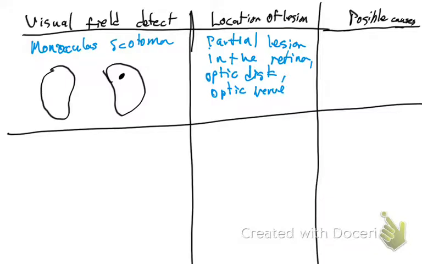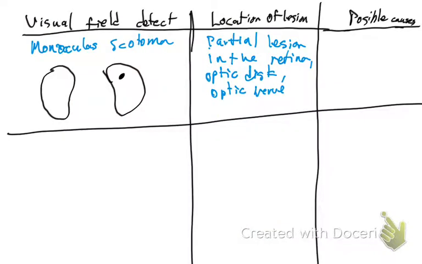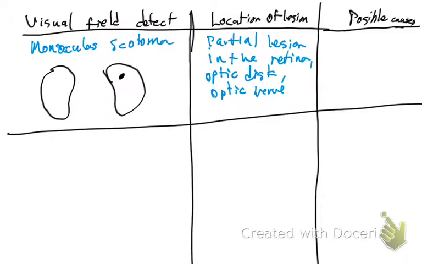If you remember, for example, the optic nerve, we can see right here, this one. So a lesion in the optic nerve can cause this monocular scotoma. Okay, let's see what else we can mention here.